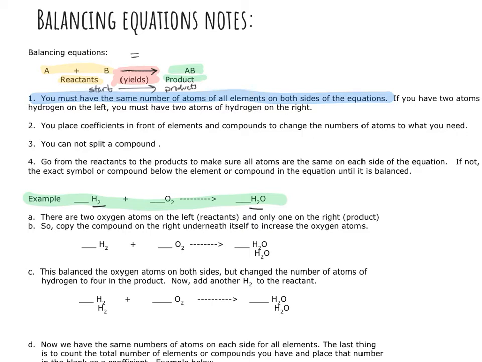We have the same number on both sides. But if you look at O2, you've got 2 in the reactants and just 1 in the products. That doesn't line up. We lost an oxygen along the way, which is not allowed. So we have to figure out how to balance this out to have the same number on each side. I'm going to show you right now exactly how to do that.